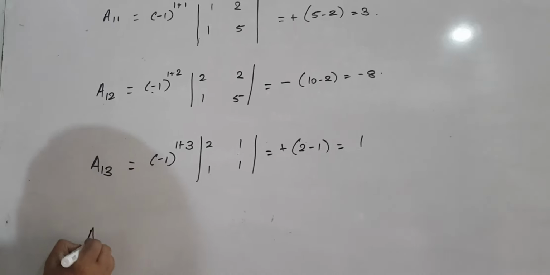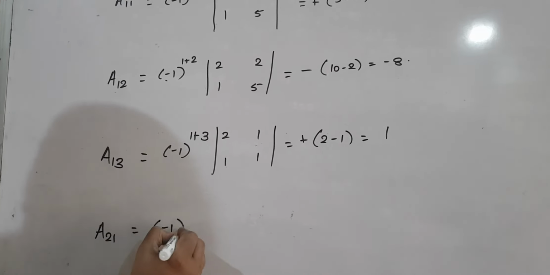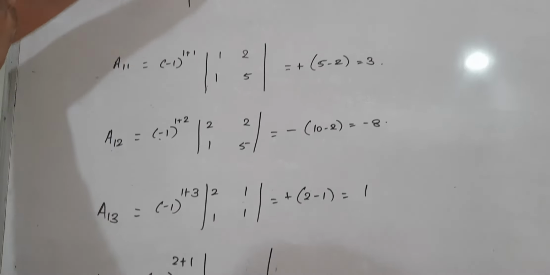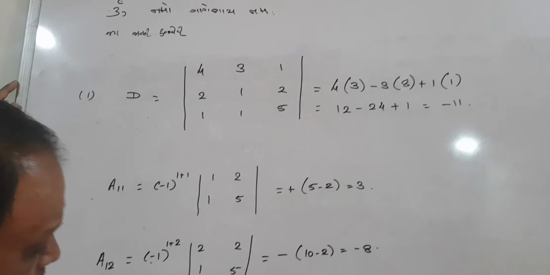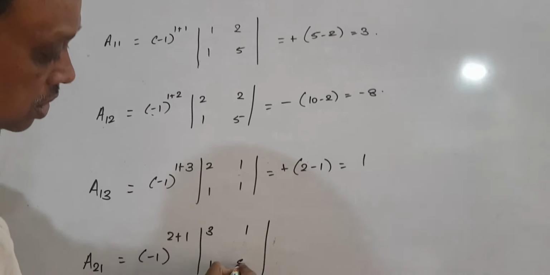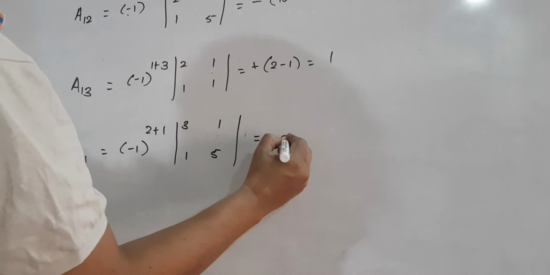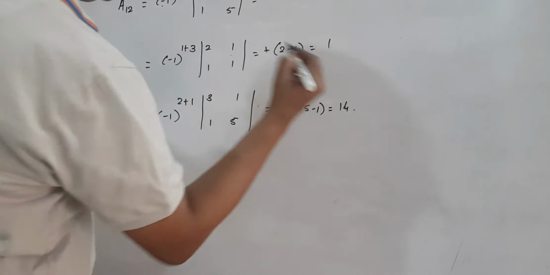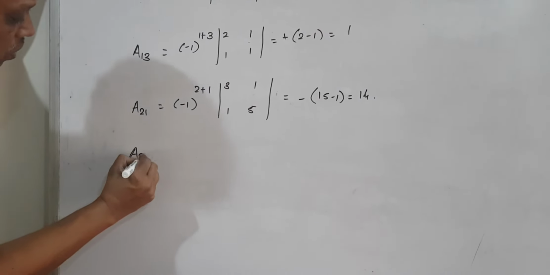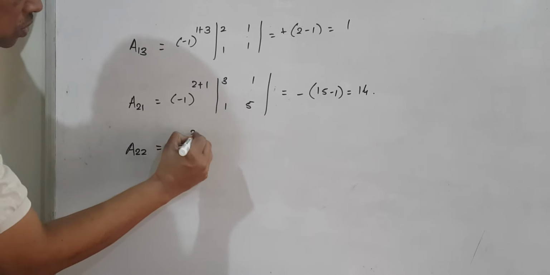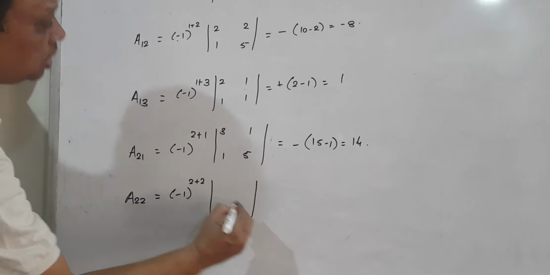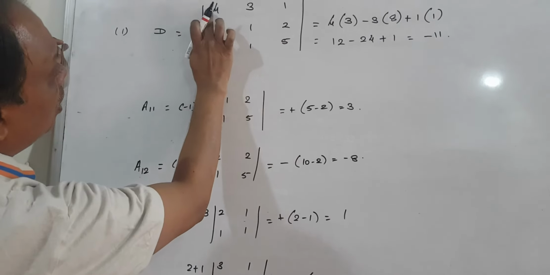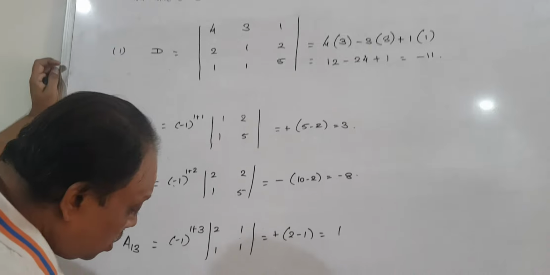अब डायरेक्ट आप लिख सकते हैं. A21: minus 1 raised to 2 plus 1, determinant of second row first column is 3, 1, 1, 5. So this is minus of 15 minus 1, which is what? A22: so minus 1 raised to 2 plus 2, determinant of, you can say second row, second column removed, we place 4, 1, 1, 5.